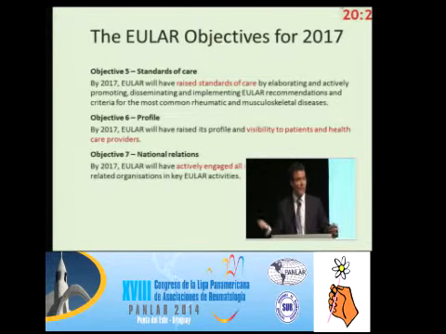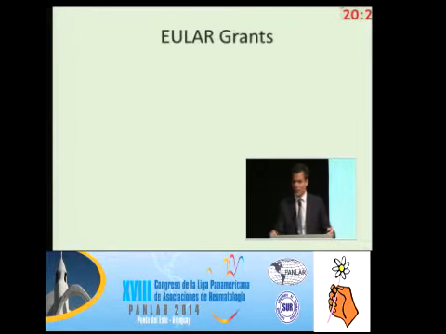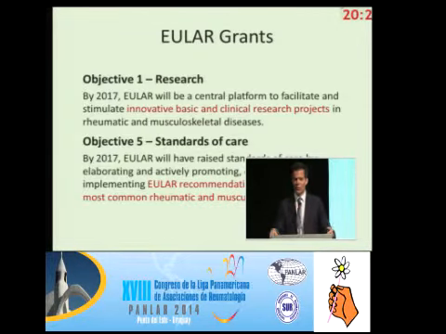When it comes to Eular funding for projects, there's essentially two objectives that are addressed by Eular funds, and one traditionally, and one is the standards of care that I mentioned. These are the criteria and recommendation projects. These are usually low budget. It doesn't cost a lot to develop criteria. You need to establish a committee. I'll show you the process in detail.